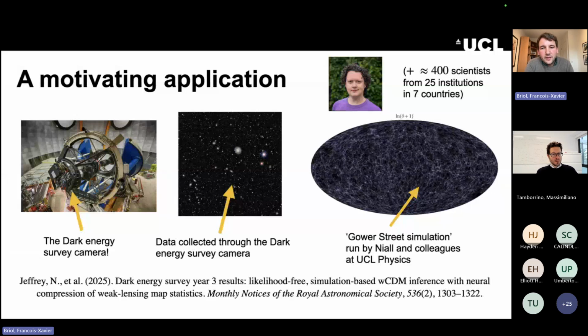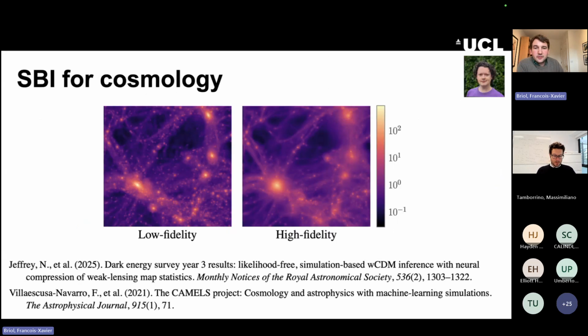And there's what they call the Gower Street simulation, which is basically a load of these runs from UCL physics. And what they're going to try to do is get an understanding of how the universe was generated using these simulations. Now, obviously, that's not exactly what we're going to do, but that was the motivating application for us.